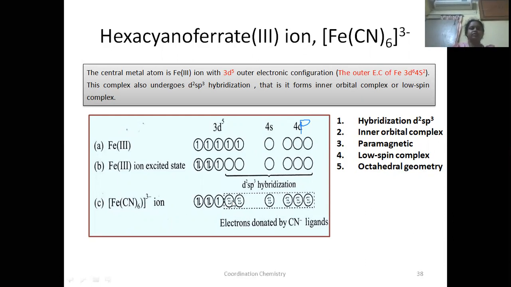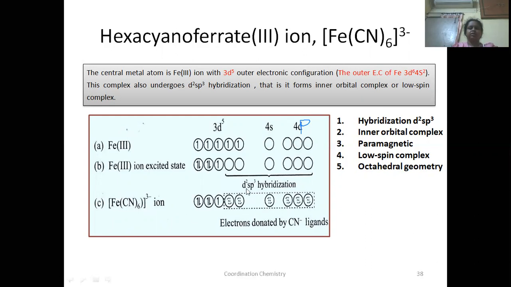Into these 6 vacant d2sp3 hybridized orbitals, the ligands, that is cyanide groups, donate a pair of electrons and form a coordinate covalent bond. The dotted square bracket indicates the circles in these brackets, which indicate the coordinate covalent bond with the central metal ion iron.